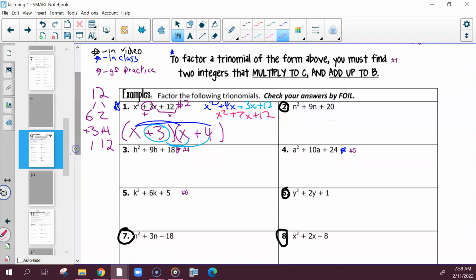Let's try number 2. Same thing. We're looking for two numbers that multiply to be 20, but add to be 9.